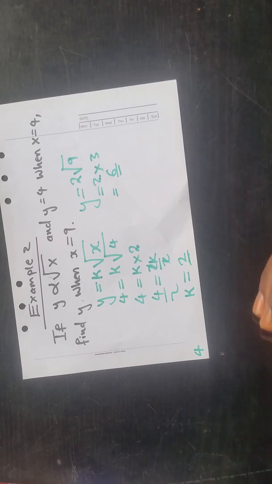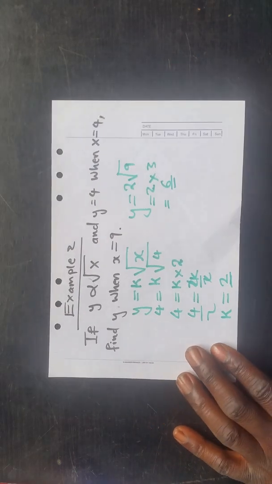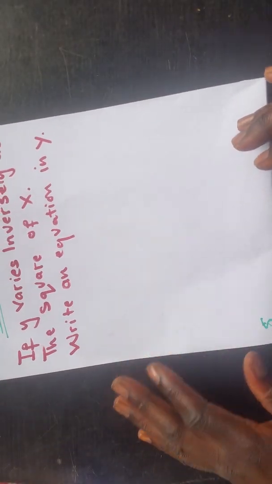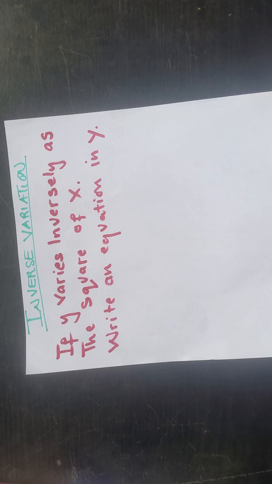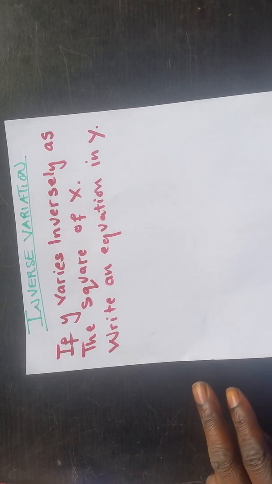Right, so let's go to inverse variation. Inverse variation is when a quantity varies inversely as another quantity, then that quantity becomes the denominator.